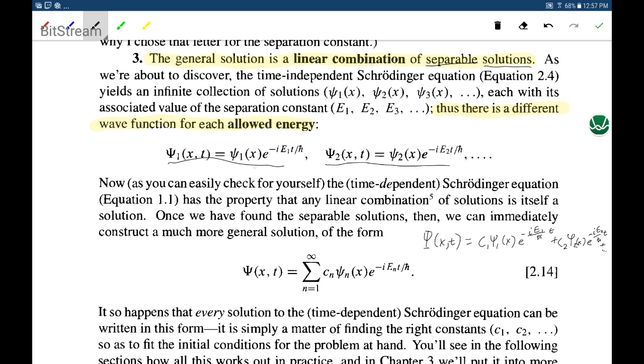So, for example, if this equaled 2 and this equaled 3, I would just get a summation of them all, and my total wave function would be 2 plus 3, 5. That's what a linear combination means.